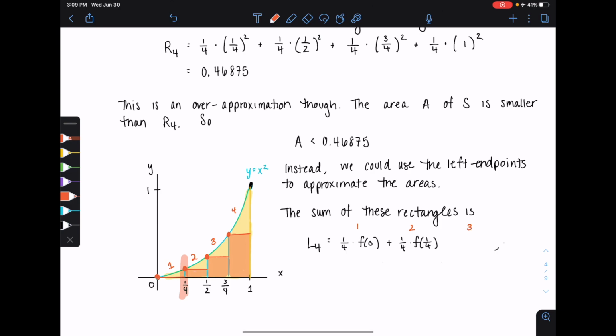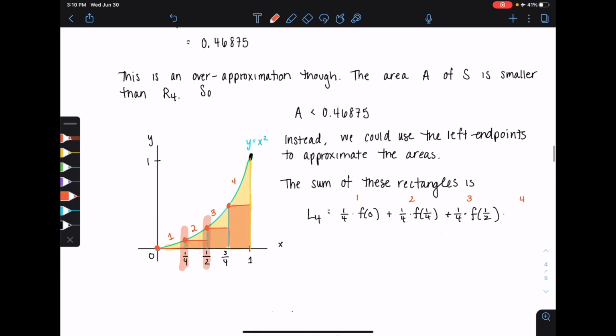For the third strip, my width is still 1/4, but on this third one, I use the left end point, so I plug in 1/2. And on our final piece, our width is 1/4, and our height is still going to be plugging in the left end point, which is 3/4.